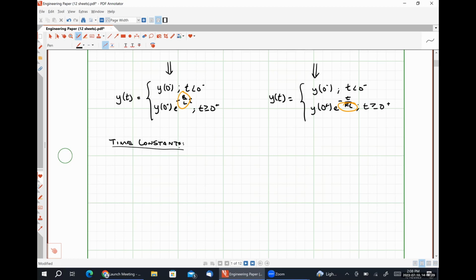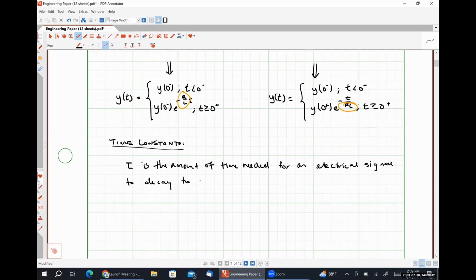So the time constant tau is the amount of time needed for an electrical signal, so either a voltage or a current, to decay to its original value.